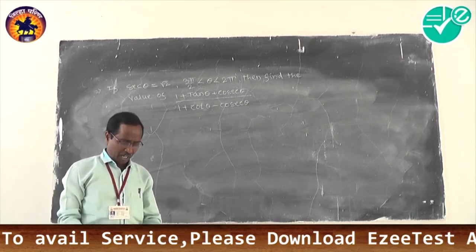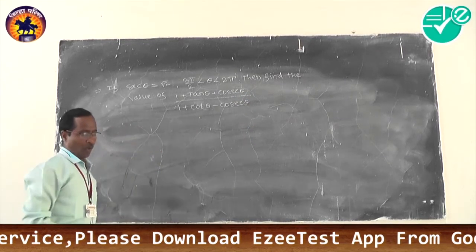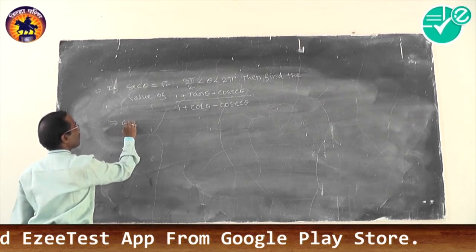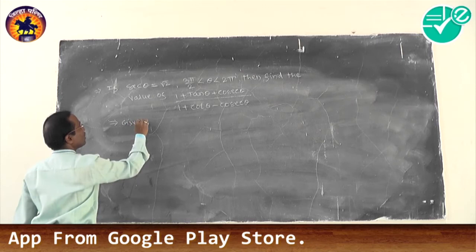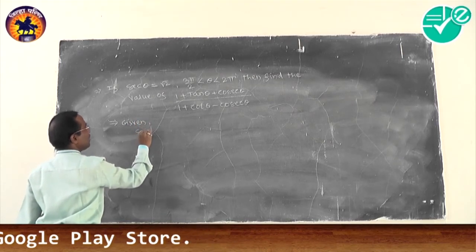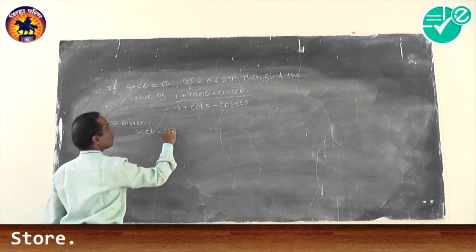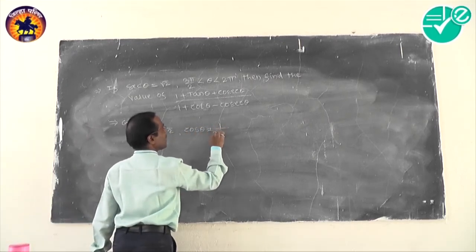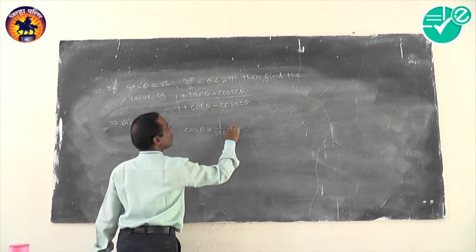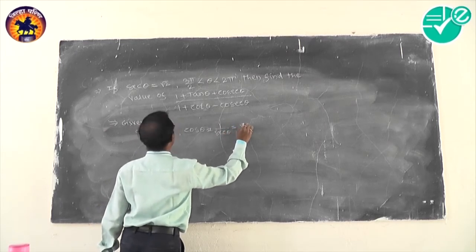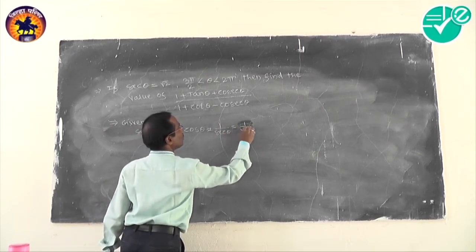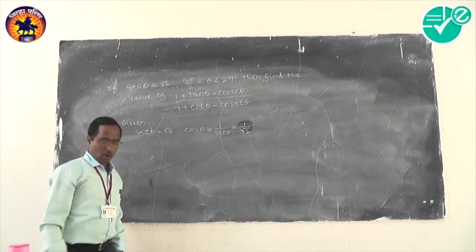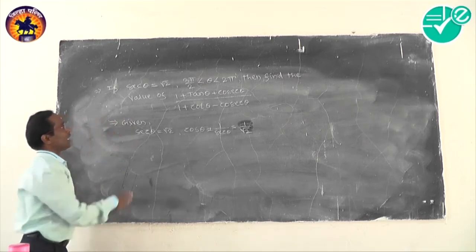So we want to find the value of this. How can we find it? Given sec theta is equal to root 2, cos theta is equal to 1 by sec theta, so we get 1 by root 2. This is the value of cos theta. Now we want to find the value of tan.